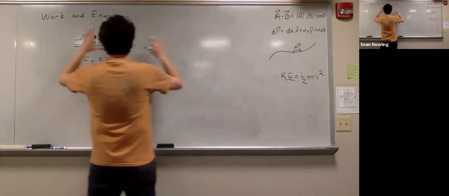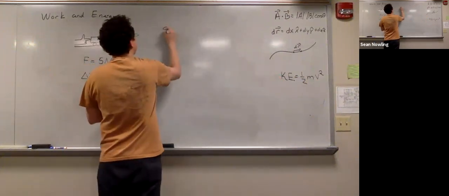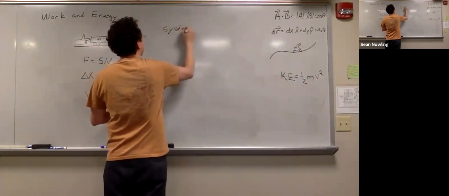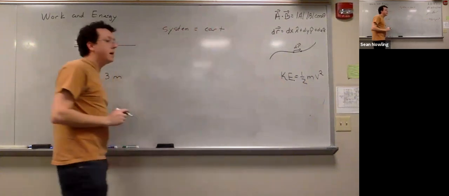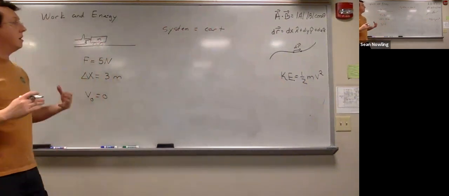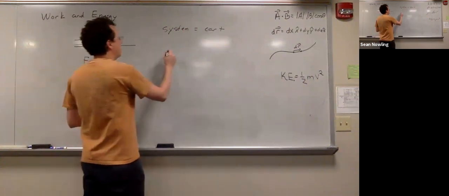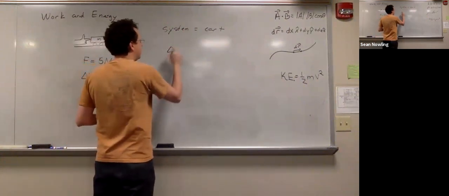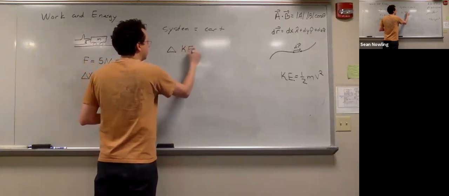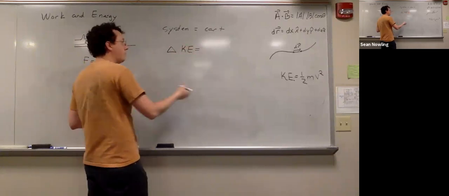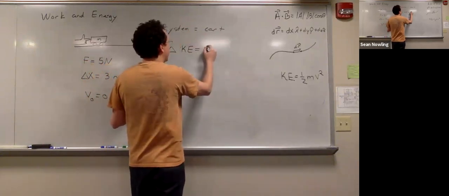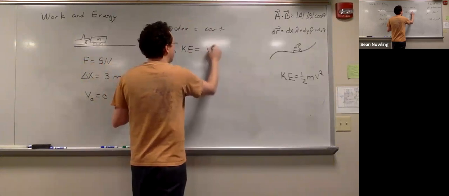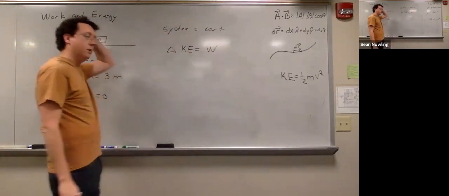So, after defining my system, then the next thing I do is write down my conservation law. So I write down that the change in the energy, or in this case, I'll just specify the kinetic energy, equals the work being done to the system. So that is W, the symbol for work.